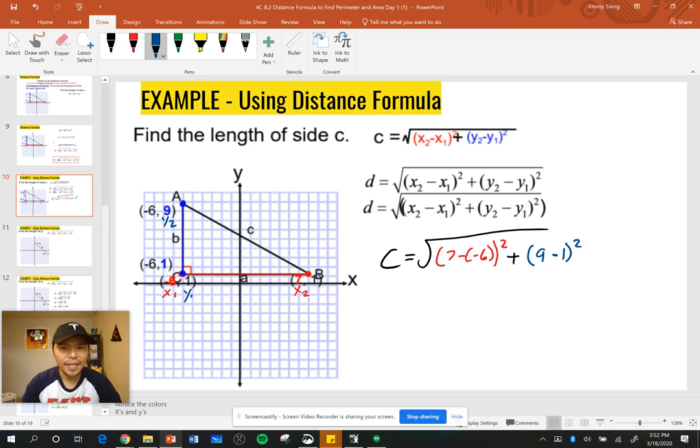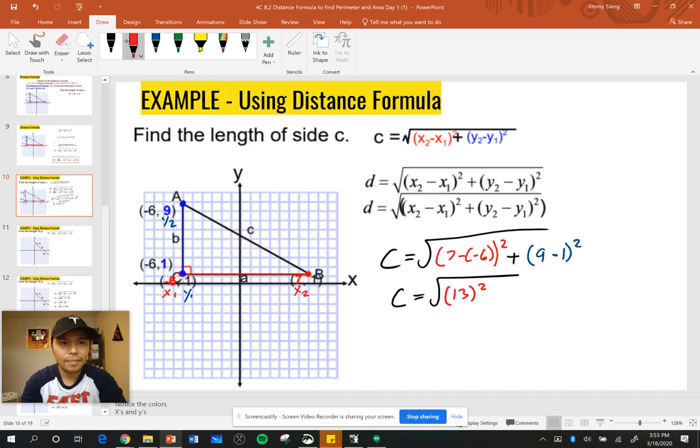It's kind of hard to multitask when you're recording. So c equals the square root of, as I keep simplifying, (7 minus -6, which is 13) squared plus (9 minus 1, which is 8) squared.